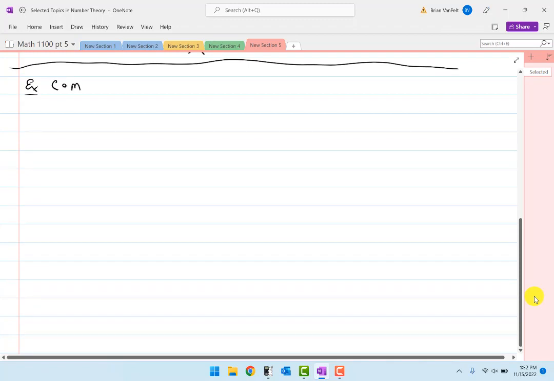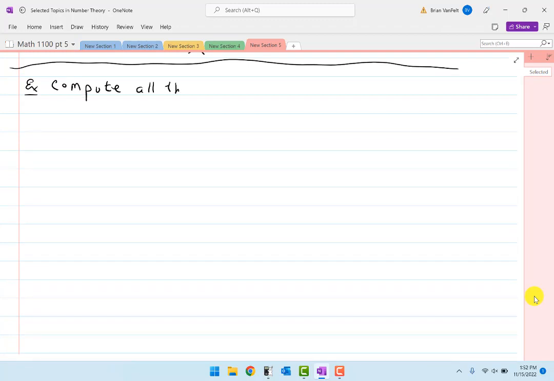Compute all the divisors for 144. Well, you probably remember that the square root of 144 is equal to 12 exactly. So I'm going to write up all my numbers up till 12.